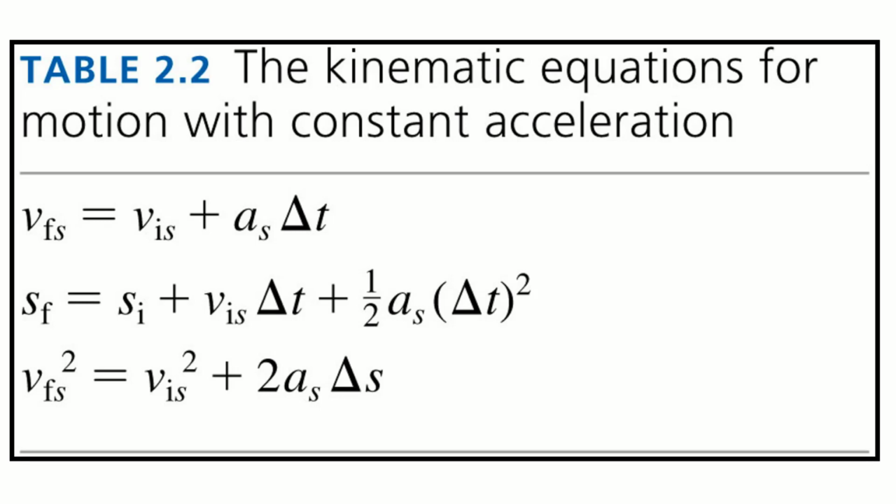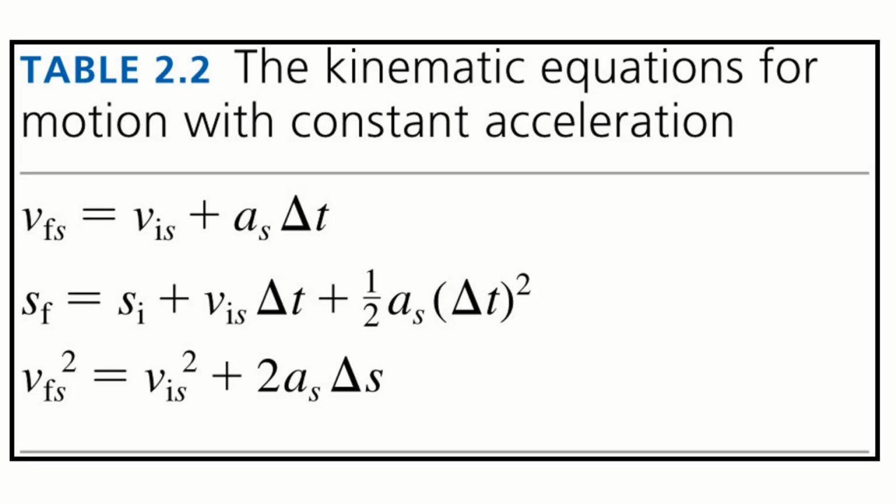In this notation, all you end up doing is substituting that x or y or whatever label you're using for your given direction for the s. So this first equation says the final velocity in the s direction is equal to the initial velocity in the s direction plus the acceleration in the s direction times delta t.